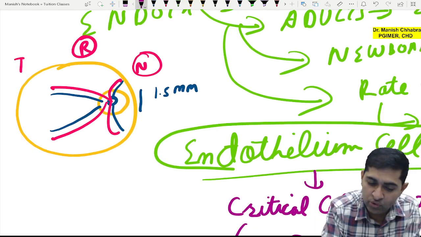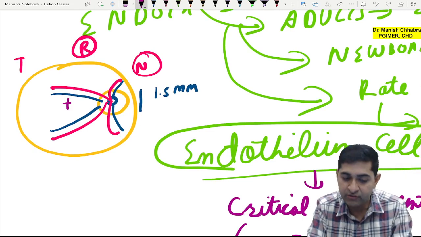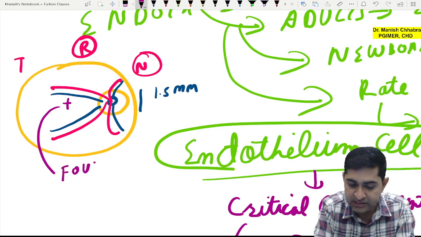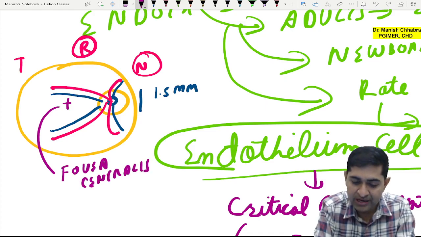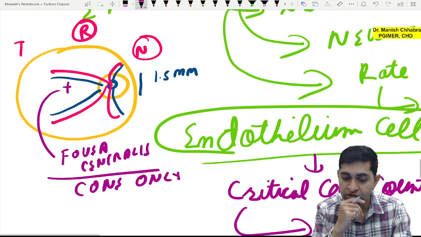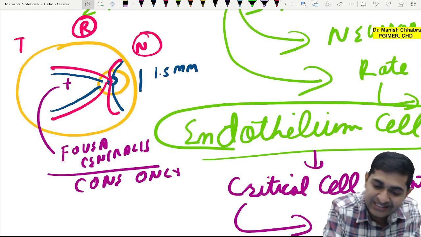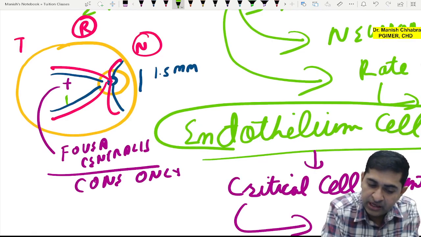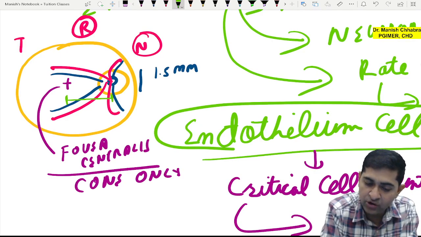The central most sensitive part of the retina is the posterior pole, which is your fovea centralis. Fovea centralis. Here we have got only cones. Now the distance between the fovea centralis and optic nerve head is 2 disc diameter.